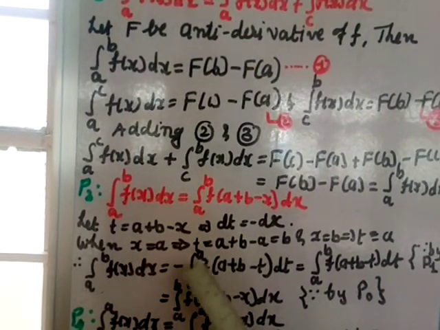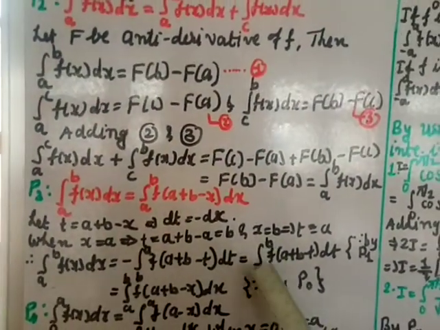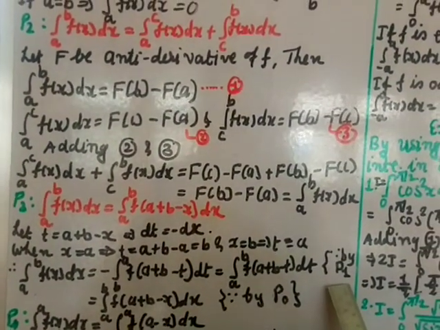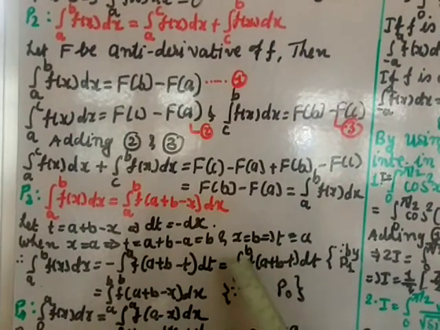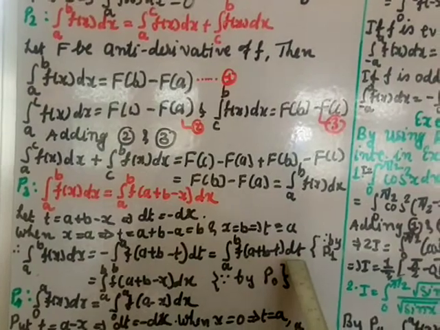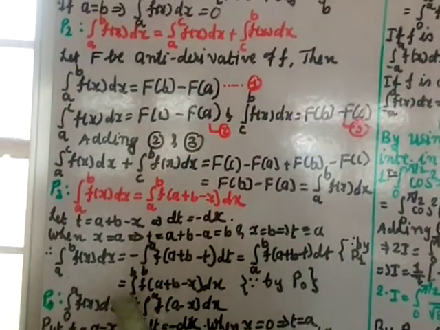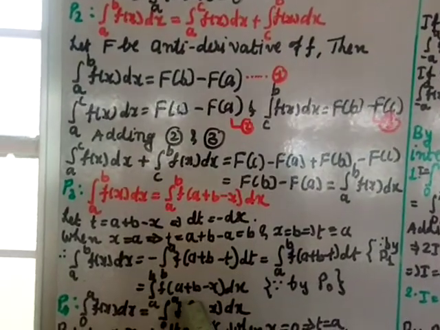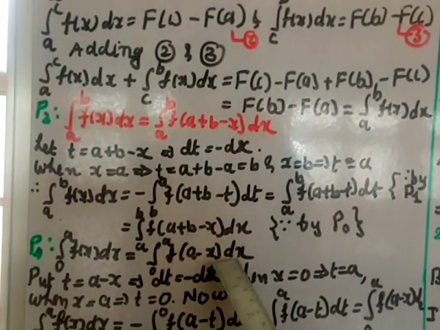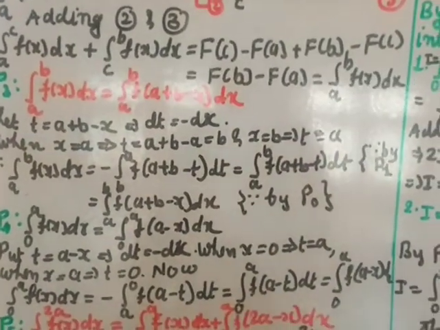First you change this limit using property P1 and make it plus, so the negative is cancelled. So integral a to b f(a plus b minus t) dt. Now using property P0, change the variable t to x. So integral a to b f(a plus b minus x) dx. So that is the proof for property P3.